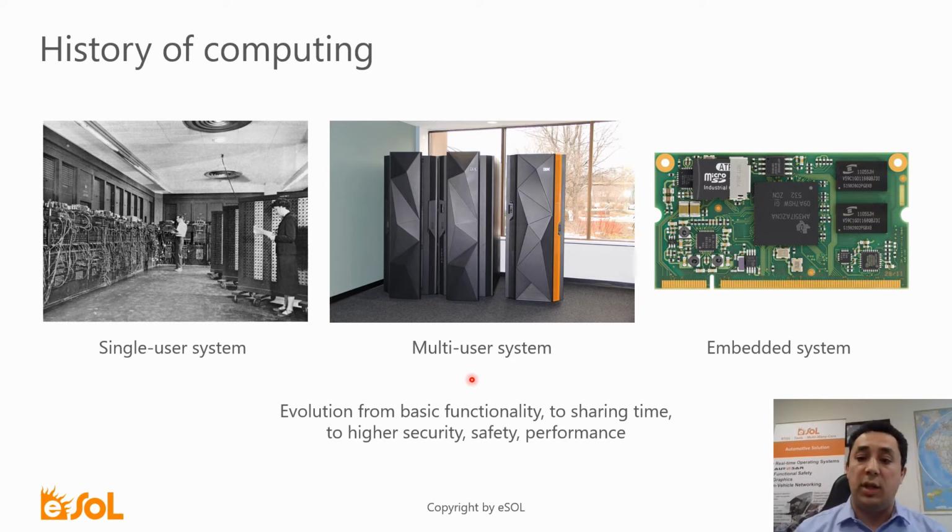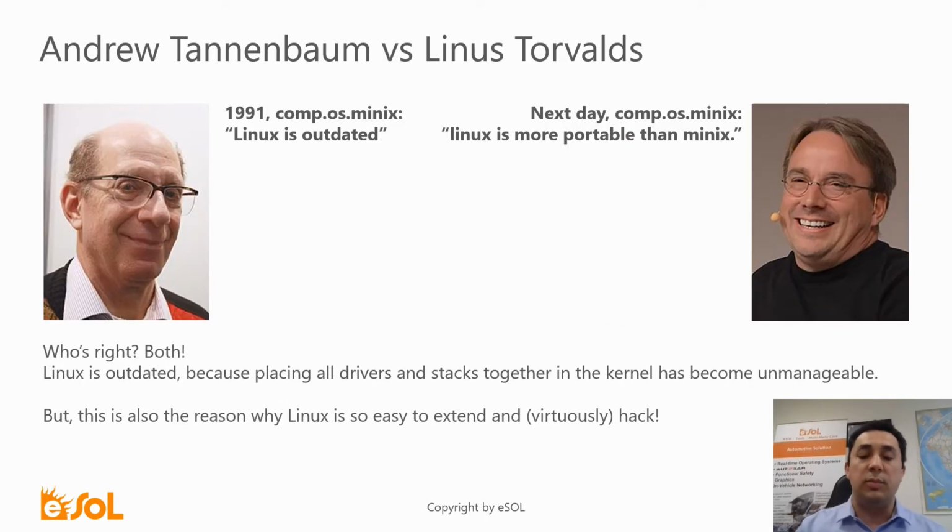As systems became more connected and eventually became portable and embedded, more and more security, safety, performance, and also power management concerns came real. A famous, let's call it conflict, was between Andrew Tanenbaum and Linus Torvalds.